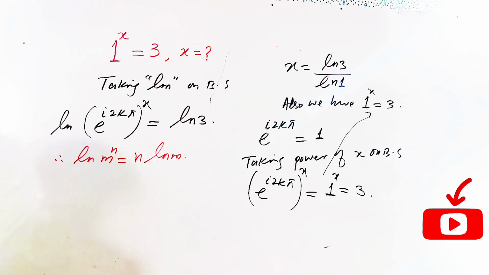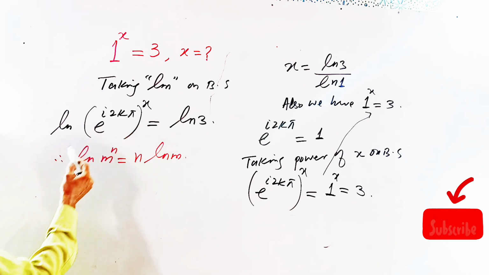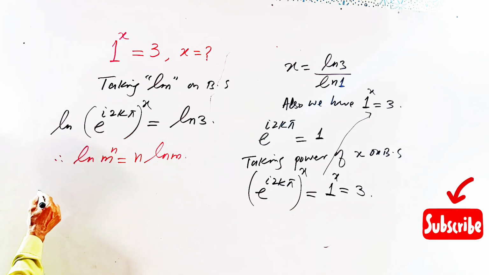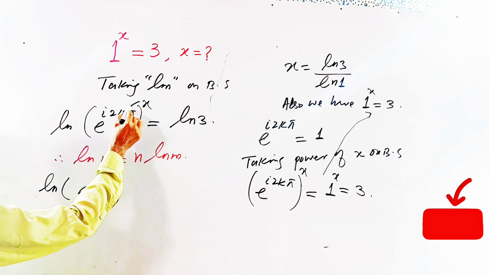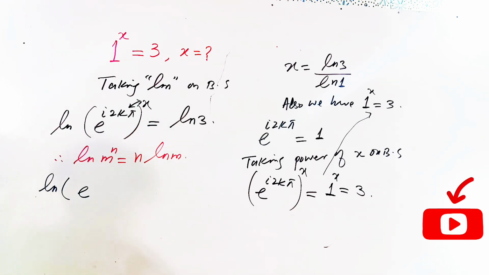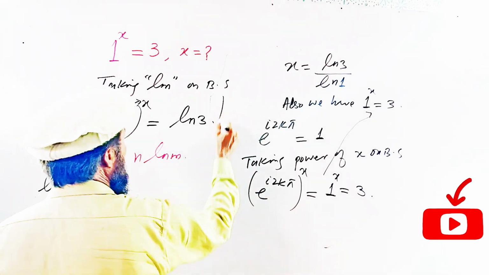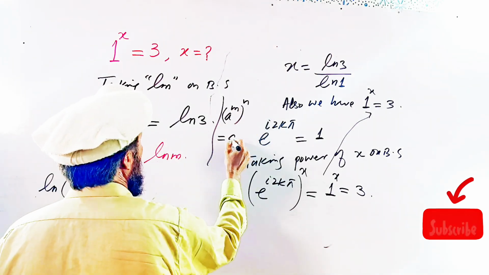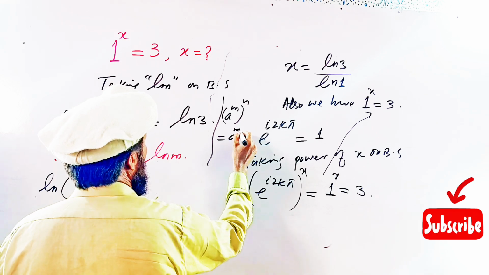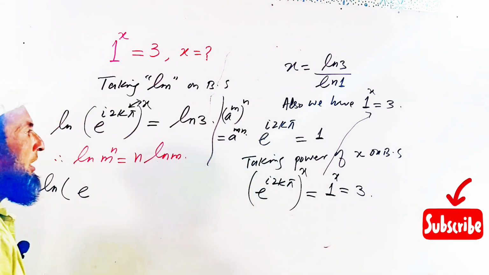One of the steps we are doing here, according to the double exponent rule, where exponents are multiplied with each other: a exponent of m n is equal to a exponent of mn.